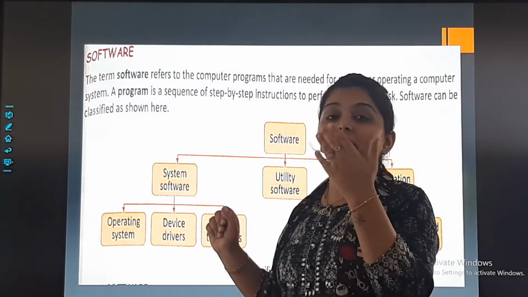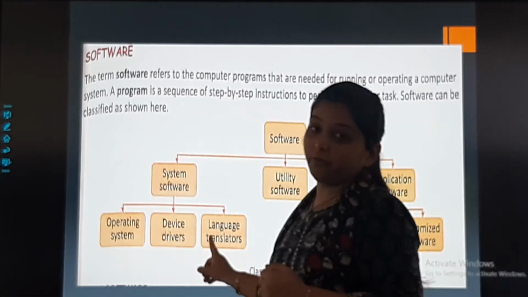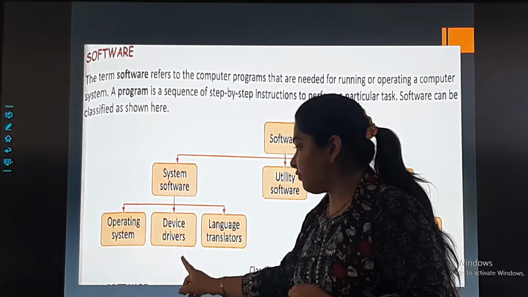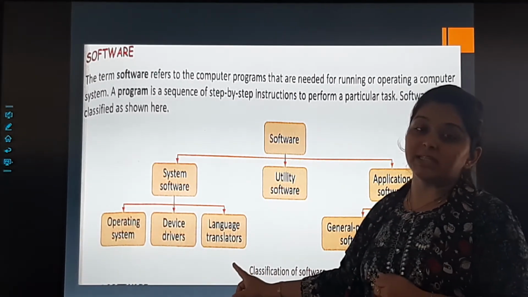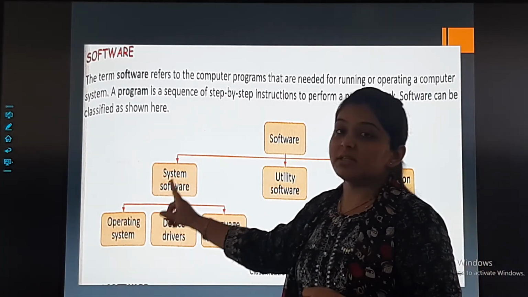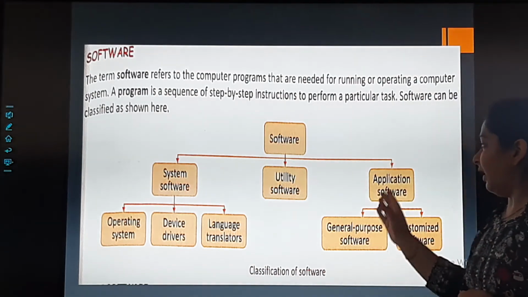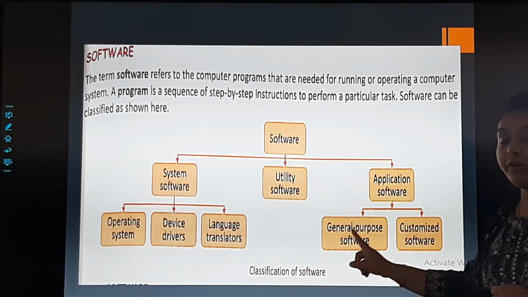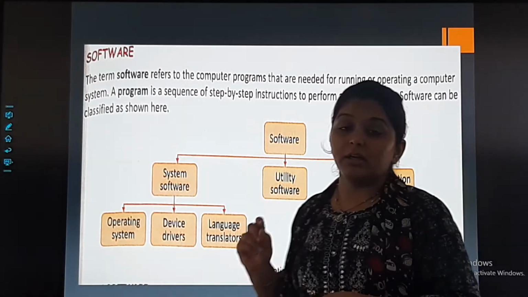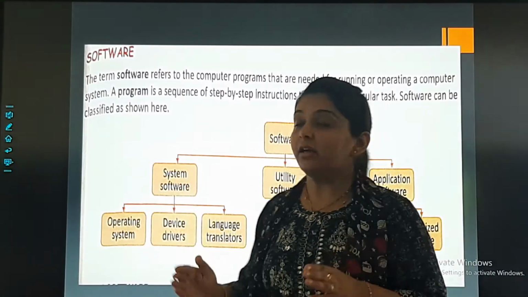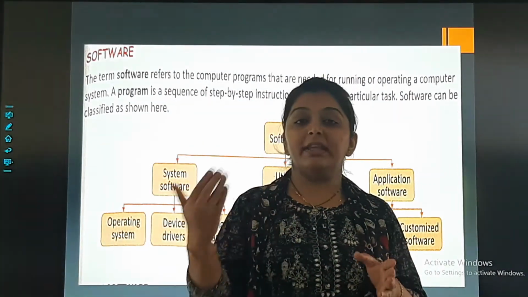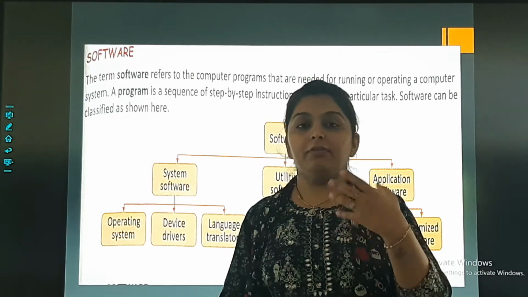Further, we have the types of system software as well: operating software, device drivers, language translators. These are the three types of system software. Then application software: general purpose software and customized software. Dear children, I hope you are clear with the classification of software. We will study them in detail in our further video lessons.